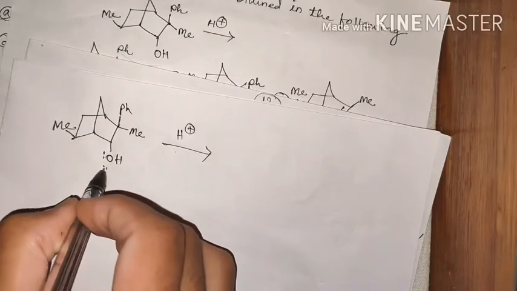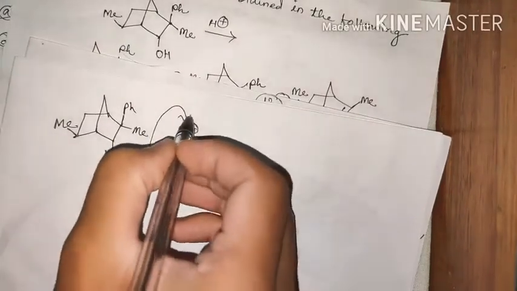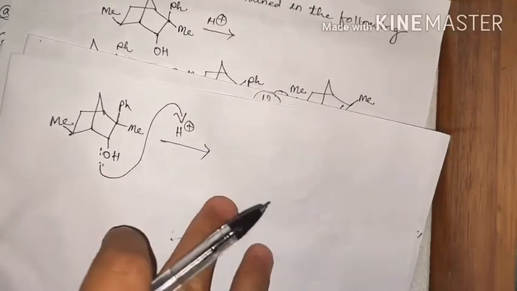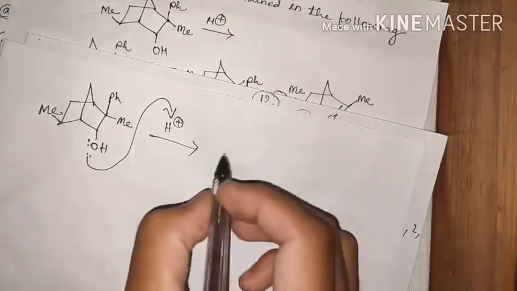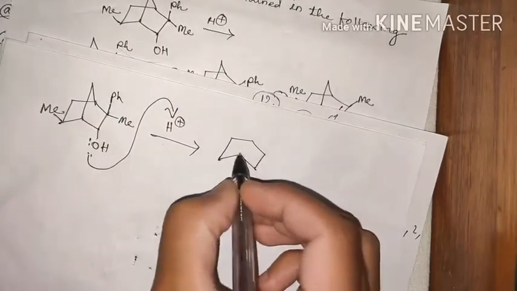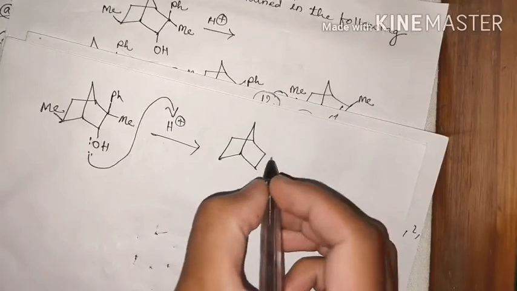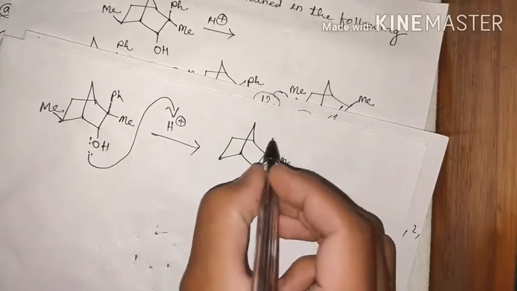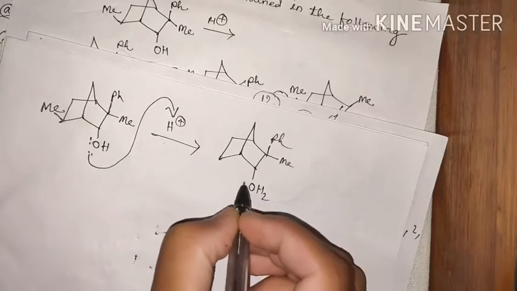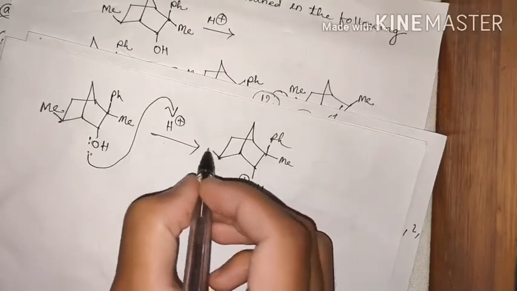Since oxygen will be a nucleophile, it will attack this proton. Okay, after attacking this one, it will itself become unstable. Then we are going to get OH2 positive.